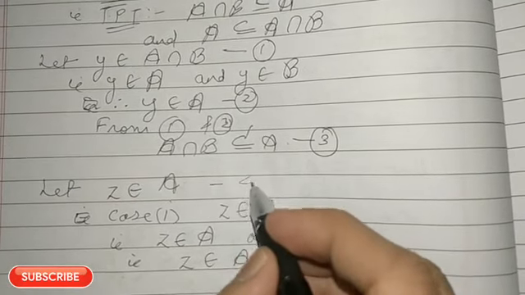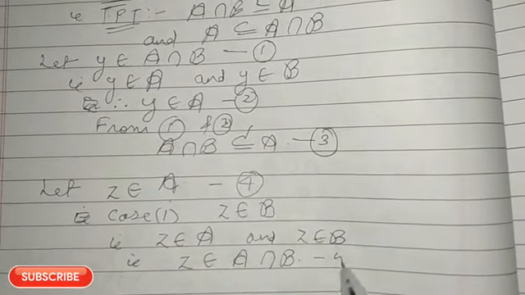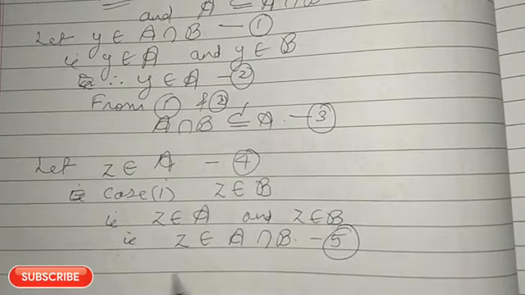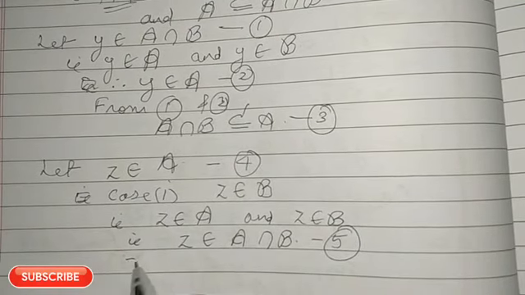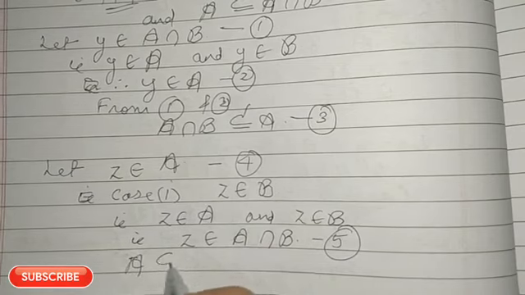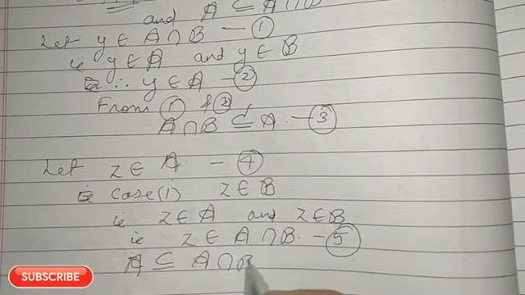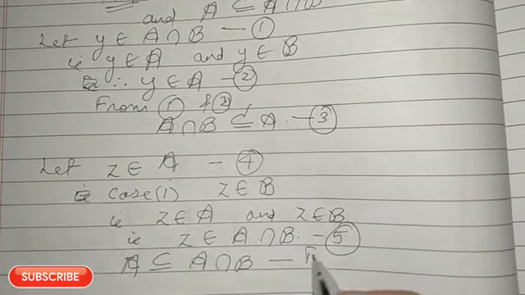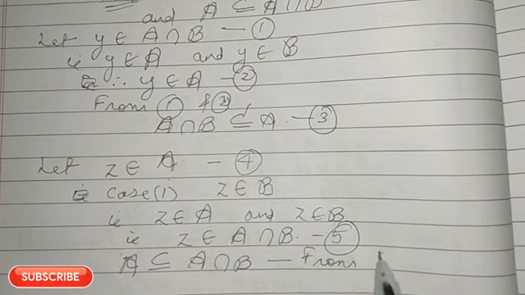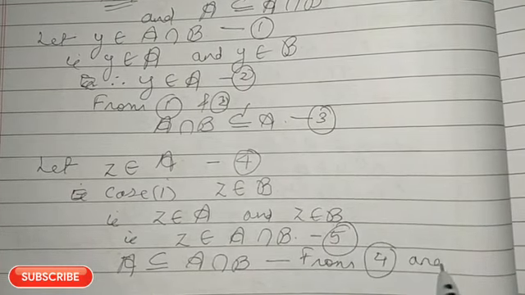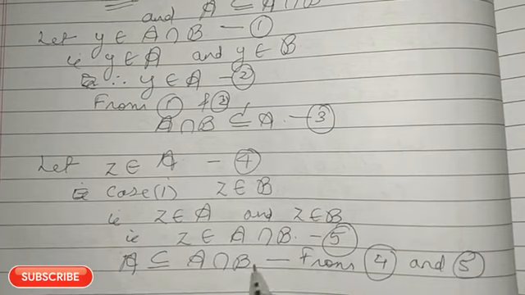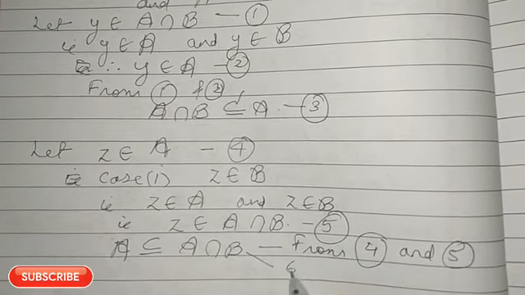Okay, so if we call this as 4 and this as 5, right, so we get A is a subset of A intersection B, right? This is from 4 and 5, and this we will call it as 6.